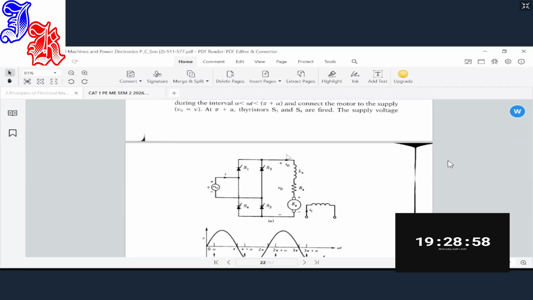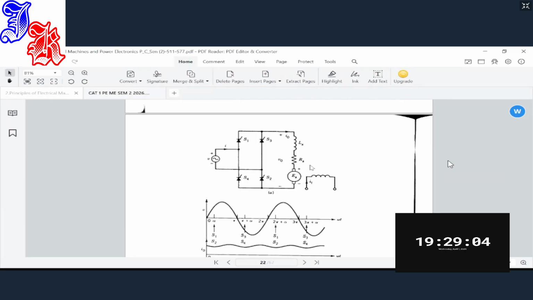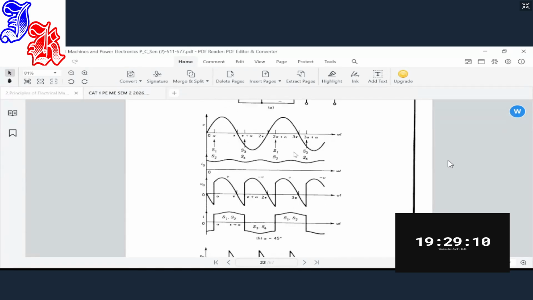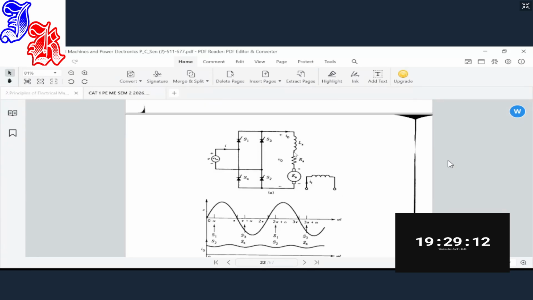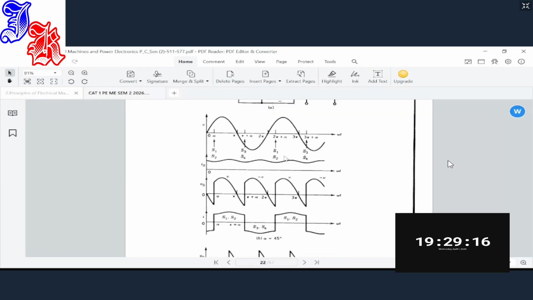Again, for the full wave converter, in situations where we have motors, we said the presence of inductive coils will make the current lag. So you can say the presence of an inductive load ensures that we have more continuous current within the system, which is what we really want to achieve, a straight line.